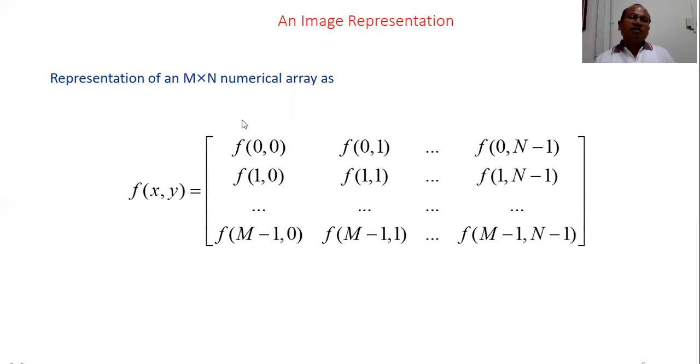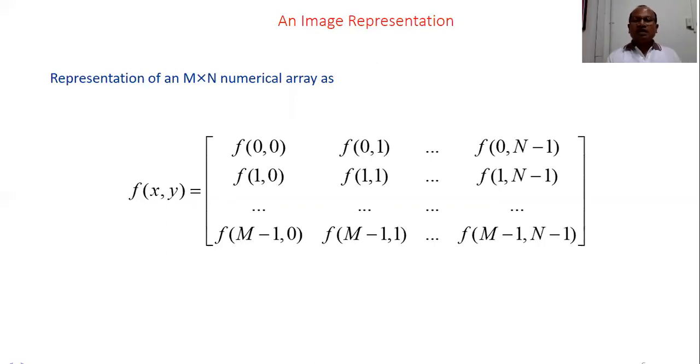The first element, at the top left corner of the matrix, is F00. It means the first pixel position, and then it goes till F0,n minus 1, which is the element of the first row and the last column.